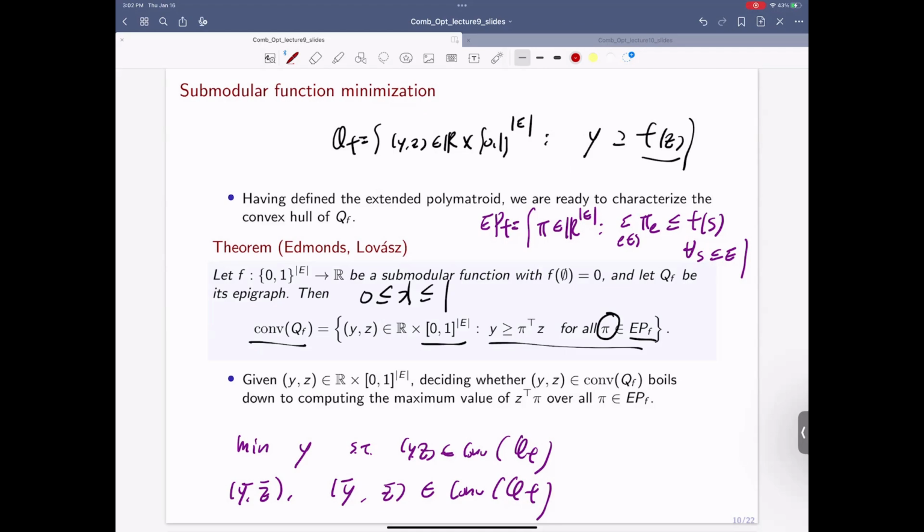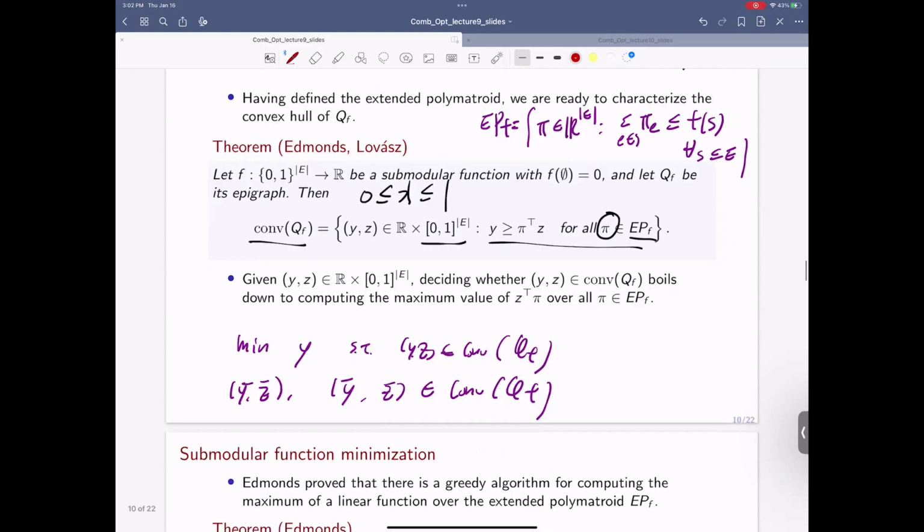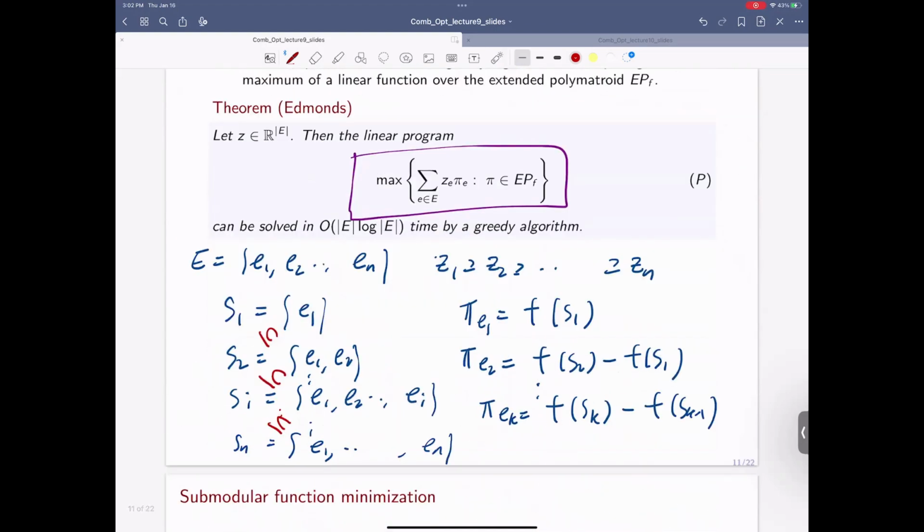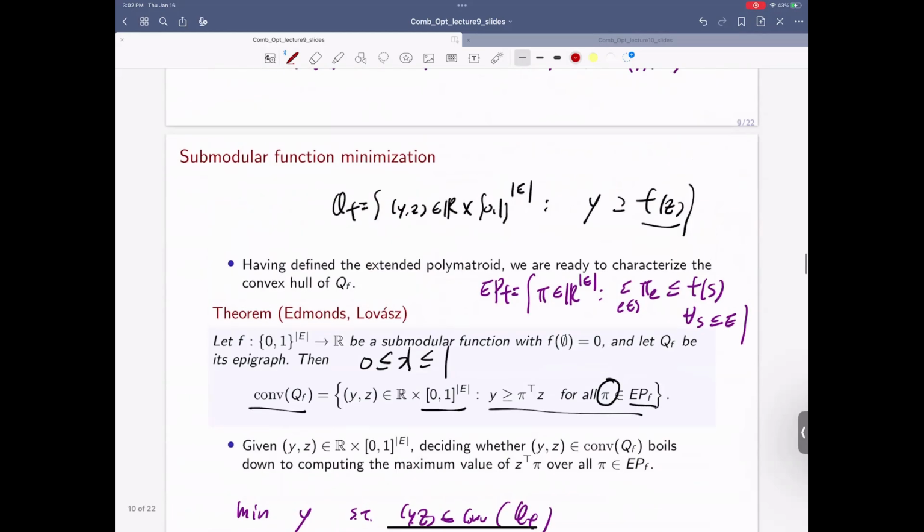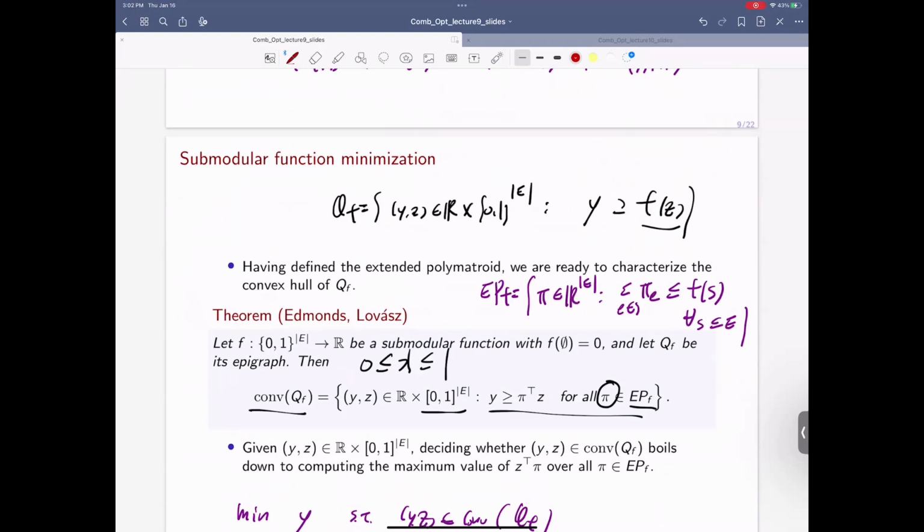The separation problem can be solved by solving this linear program, and you don't need a complex LP solver for this. You order the coordinates of a vector, and you take these values, and that gives you an optimal pi. The corresponding pi gives you this inequality.